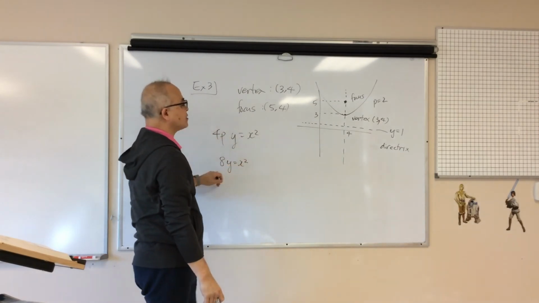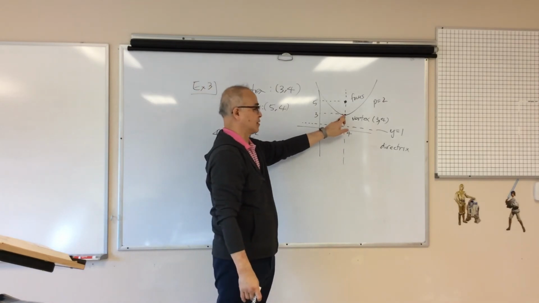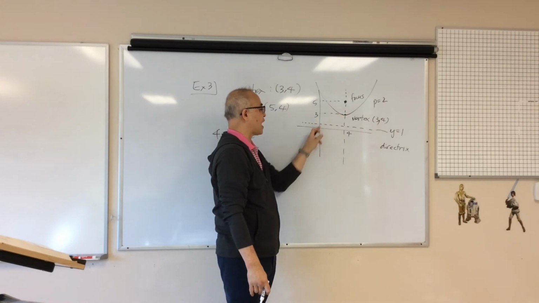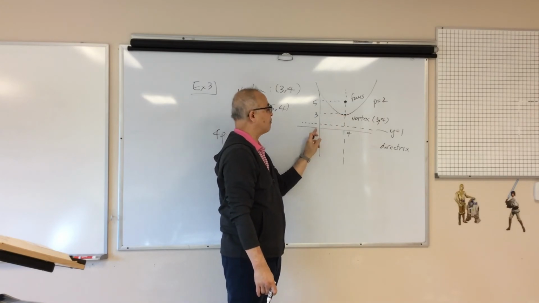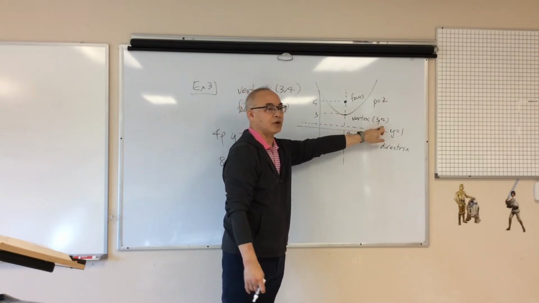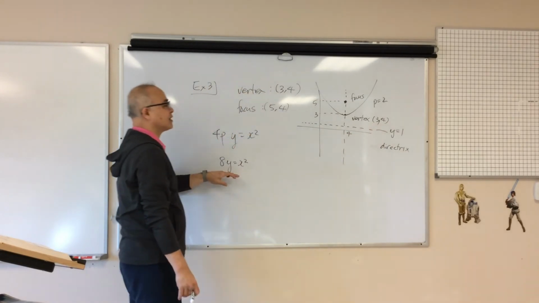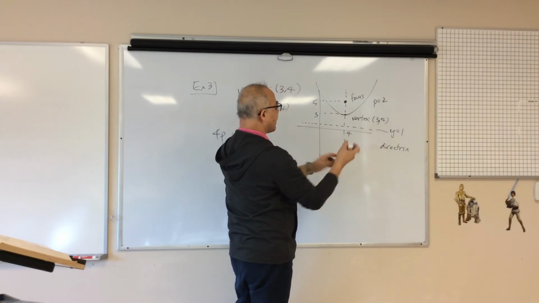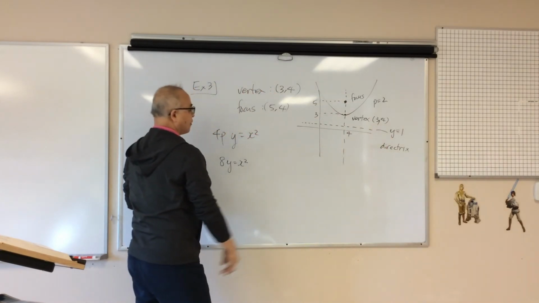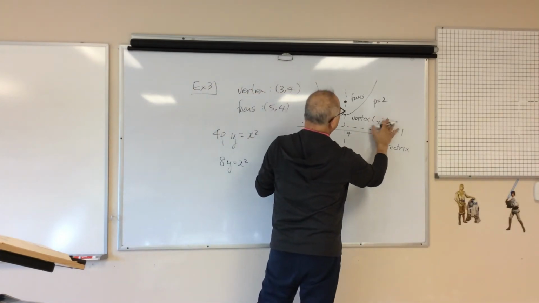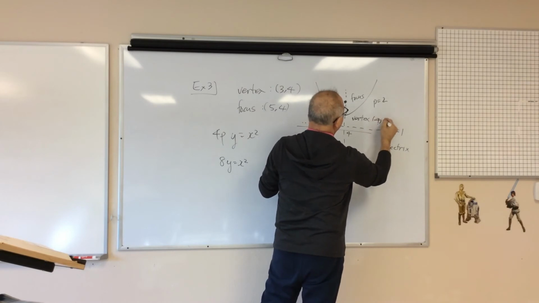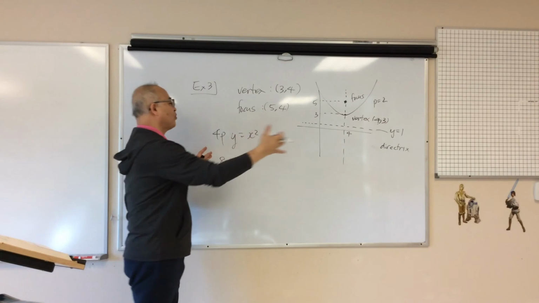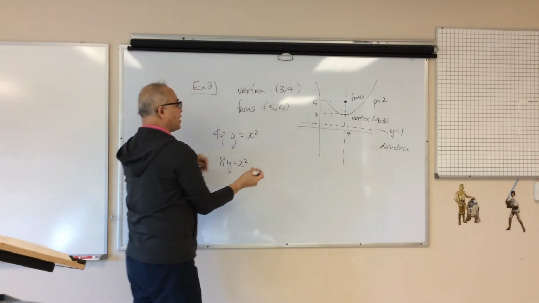Now this would be the answer if the vertex was at the origin, but the vertex is clearly not at the origin. I have moved the vertex to 3 and 4. So I translated this guy 4 to the right and 3 up.